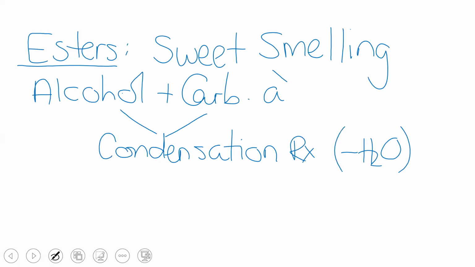In organic chemistry, when two compounds react together and water is removed, we call it a condensation reaction. So if he asks you in paper 4 to name the molecule removed in this reaction, it's water.